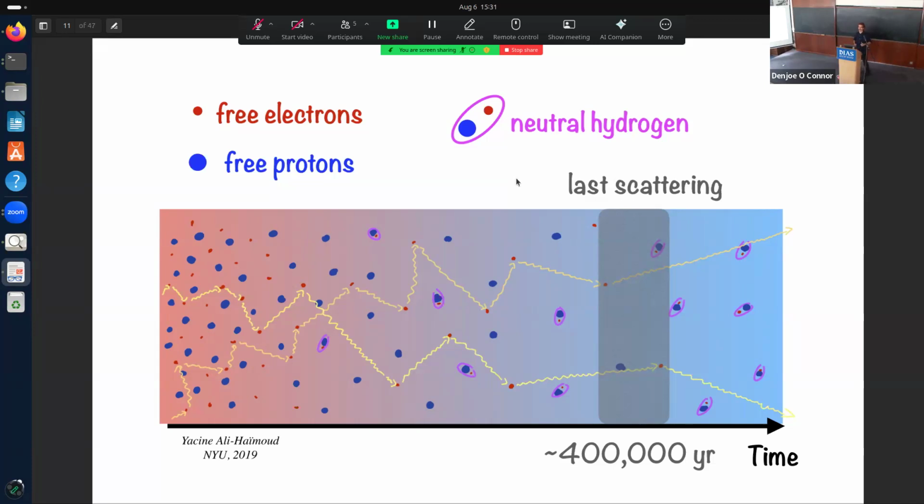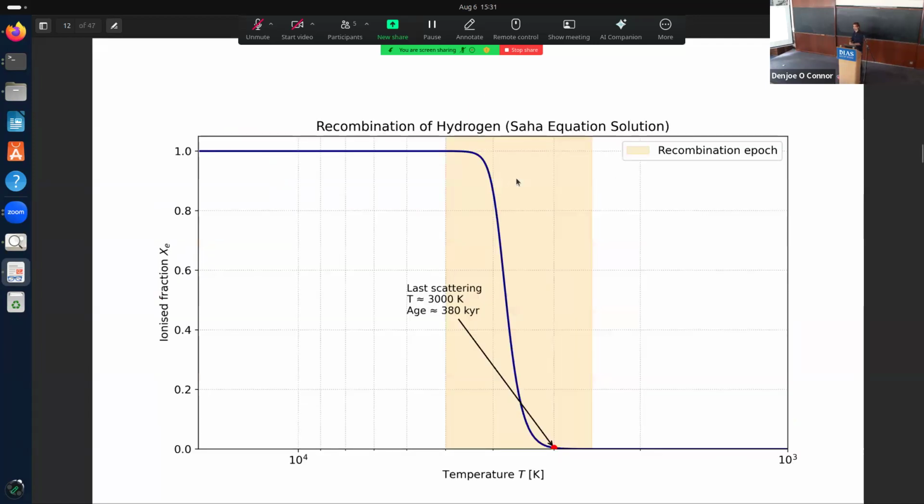So this is very important, understanding how the last scattering works, and we can actually make a statistical approximation of when the period of last scattering happened by solving something called the Saha equation, which I'm not going to go into details of, but basically we can more or less estimate that this happens when the universe is around 3000 Kelvin, which is more or less 380,000 years after the Big Bang.